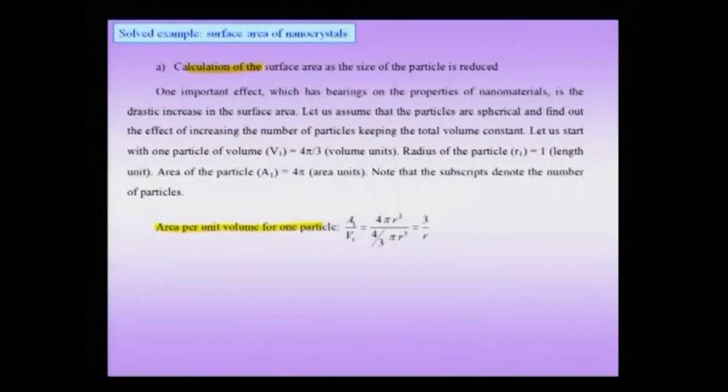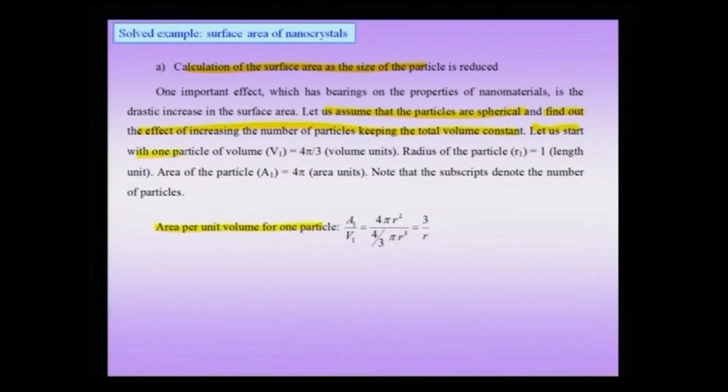So, let us calculate the surface area as the size of the particle is reduced. Let us assume that the particles are spherical for now, and we will later on take up a couple of more examples of what other possibilities exist and find out the effect of increasing the number of particles keeping the total volume constant.